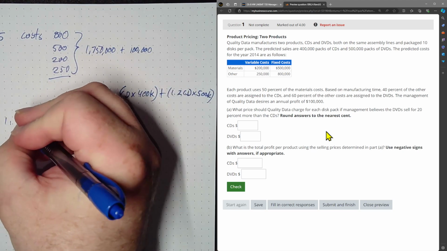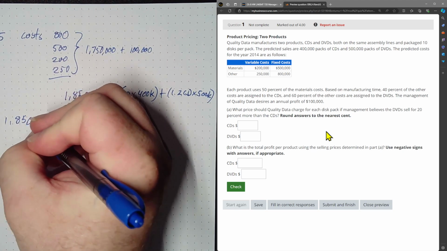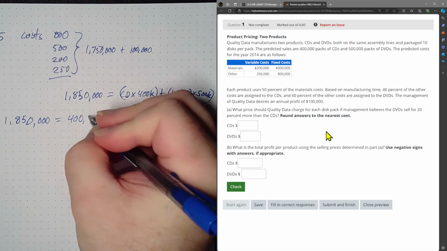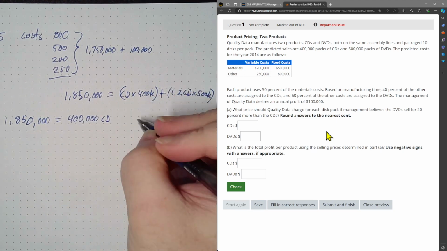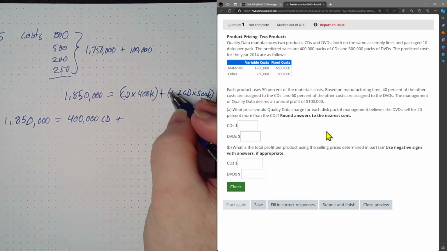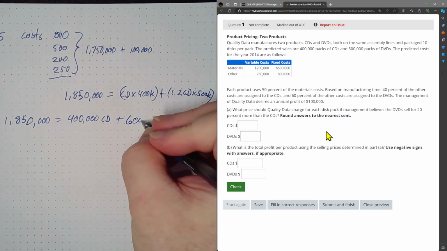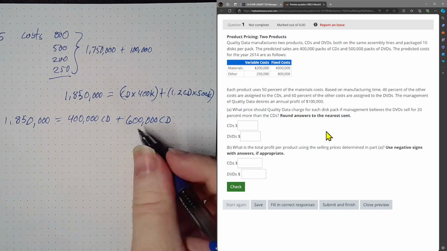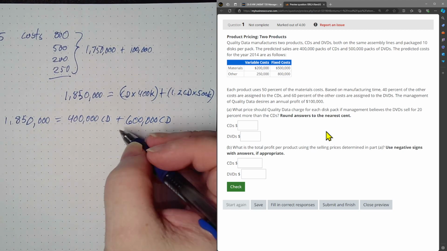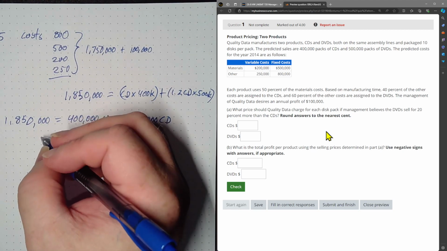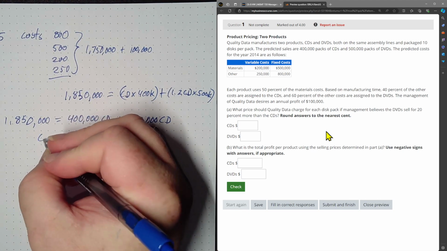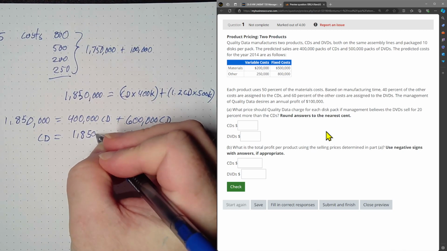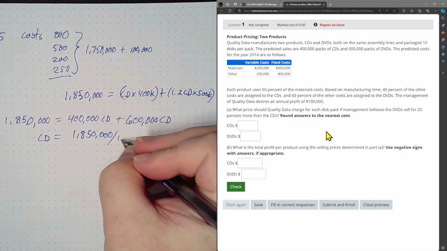So let me write it out a little better. 400,000 times the price of a CD plus 500,000 times 1.2, or 600,000, times the price of a CD. So that would be 1 million CD. So we would say CD equals 1.85 million divided by 1 million.